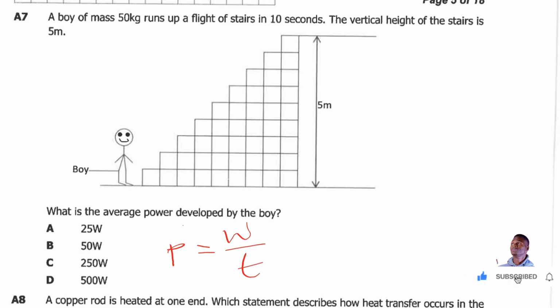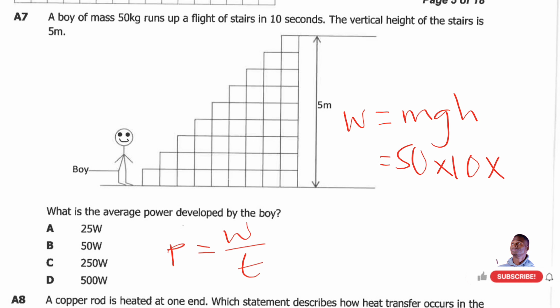Now, what is work? How can you calculate work here? This is very simple. Work done is the increase in gravitational potential energy, so it is equal to mgh. What is m? M is mass, which is 50 kg. What is g? Acceleration due to gravity, which is just 10.